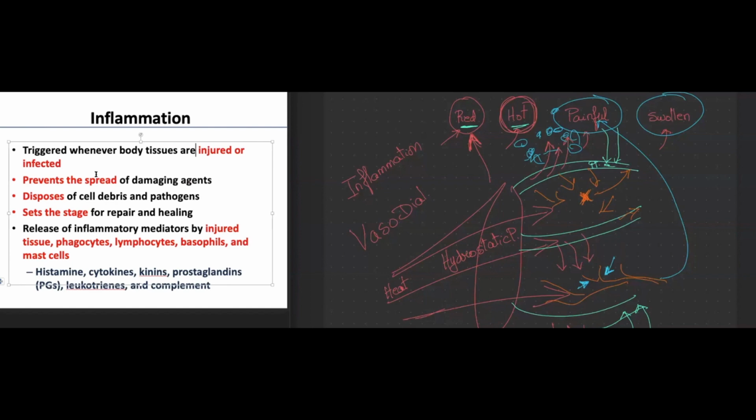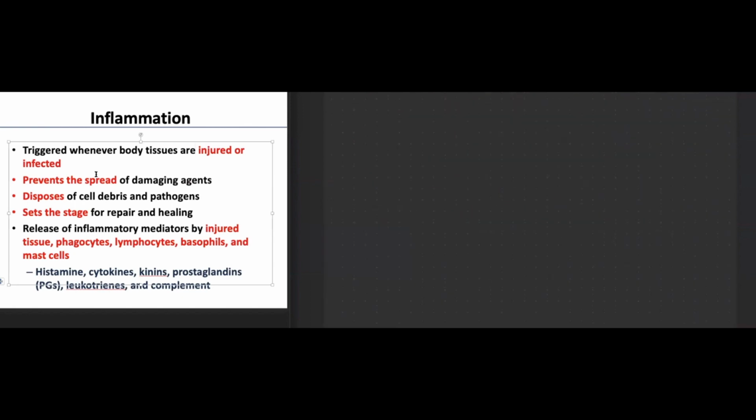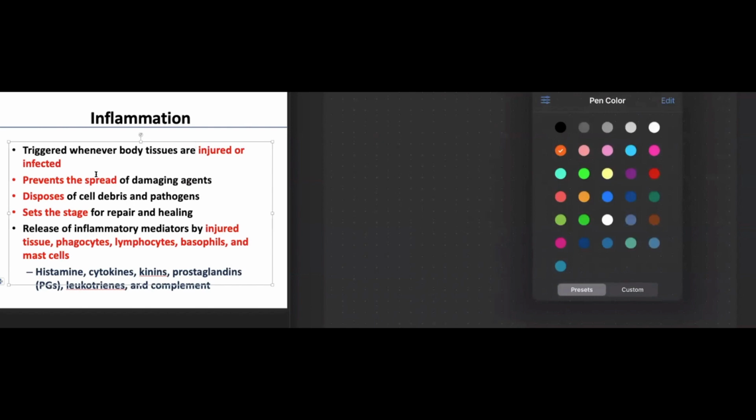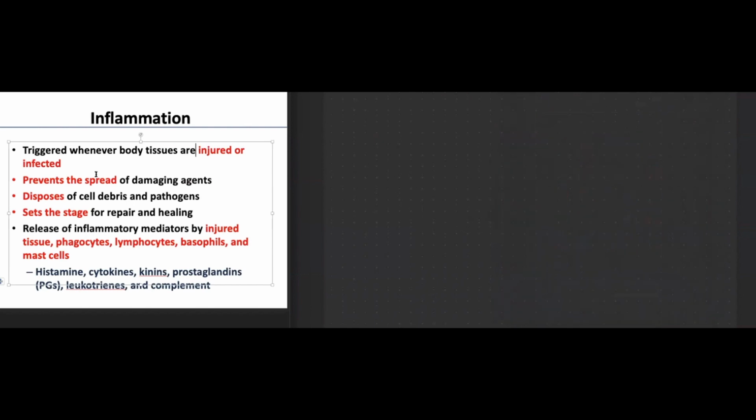The bad side is that inflammation in some parts of the body can limit the functionality of the organ. For example, if for any reason a person develops a nephrotic syndrome, I develop an inflammatory response between the glomerulus and the Bowman's capsule.